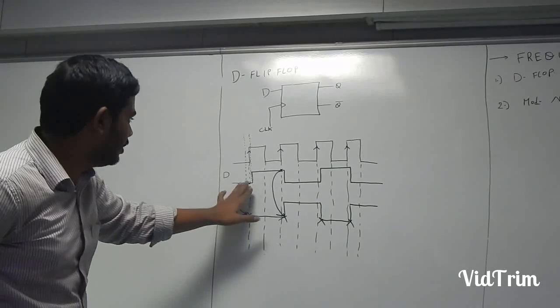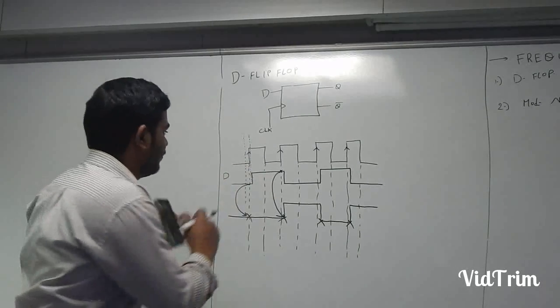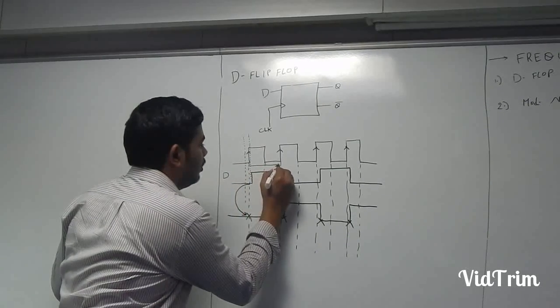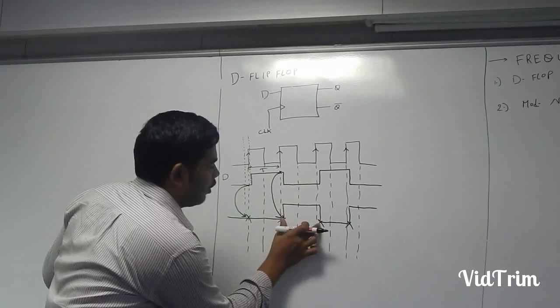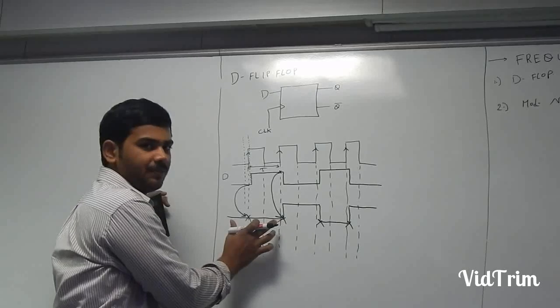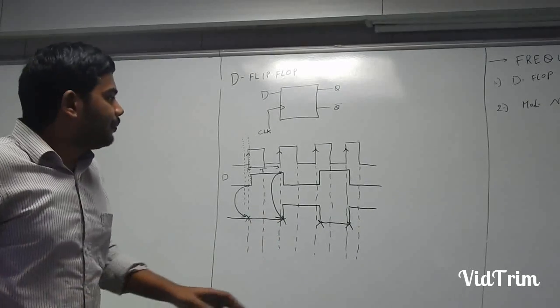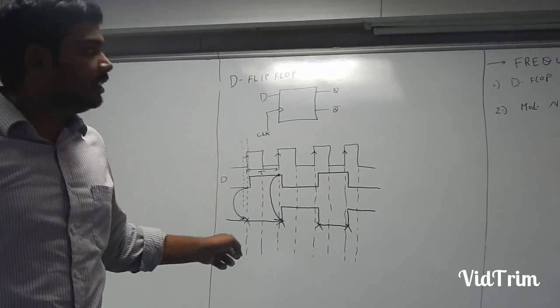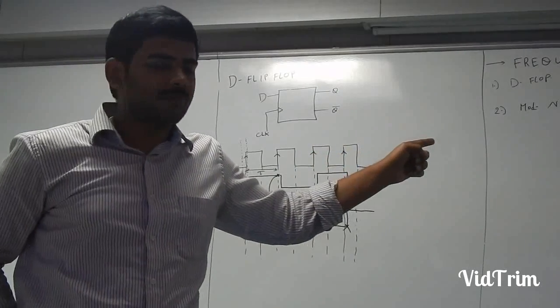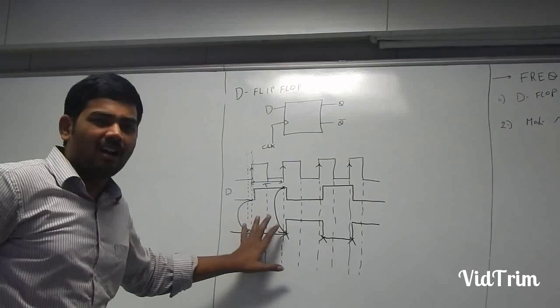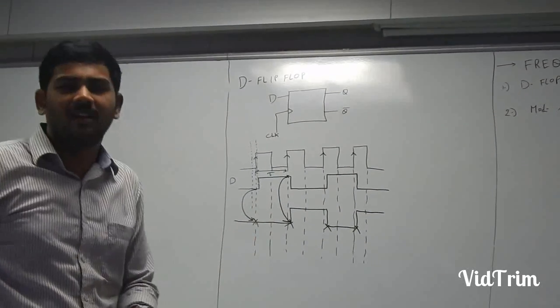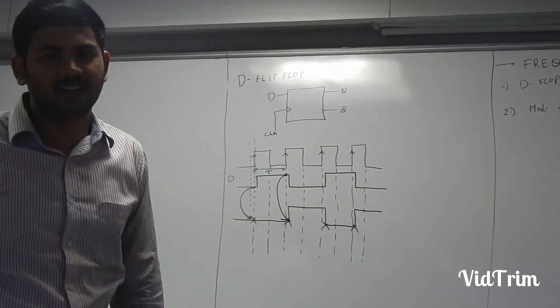Clearly, after this time period T only, this data starts after a 1 clock cycle delay. So guys, when I'm using this concept in frequency dividers, please don't get confused about how this D flop gives a 1 clock cycle delay.